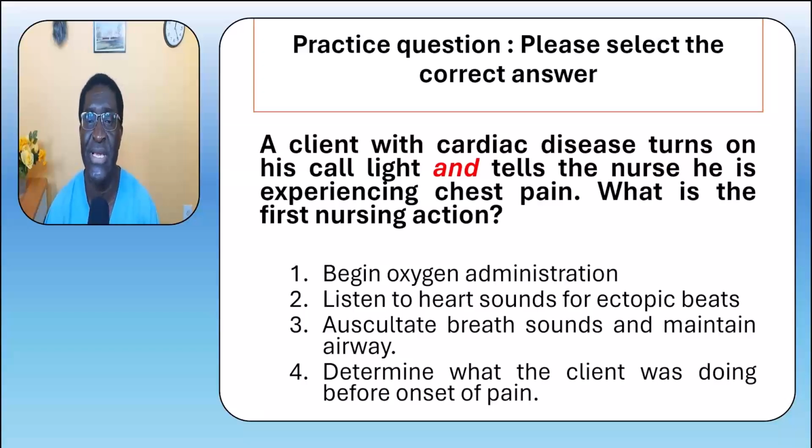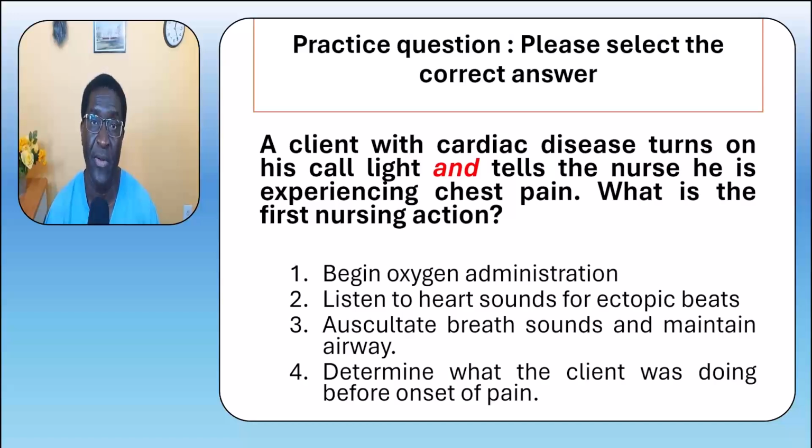A client with cardiac disease turns on his call light and tells the nurse he is experiencing chest pain. What is the first nursing action? Now, as you take a closer look at this particular question, you could see that AND connects the first part of the sentence, that is, a client with cardiac disease turns on his call light.